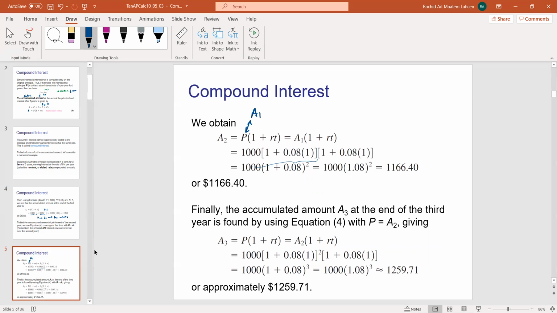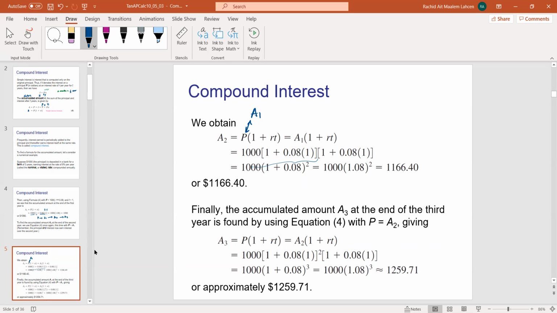Of course, you don't need to do all this, because there is a formula. This is just to help you understand what compound interest means. It means that there is an invested amount or a borrowed amount, and then there is interest that generates. Now when we want to calculate the future amount, both are used.